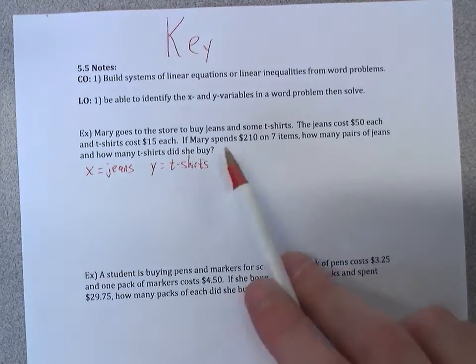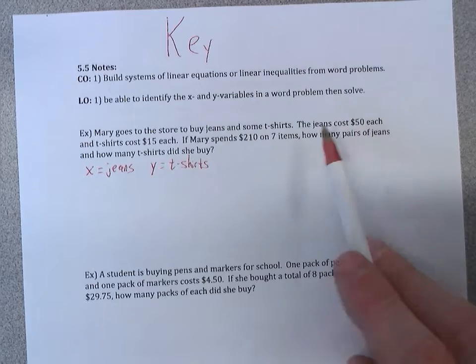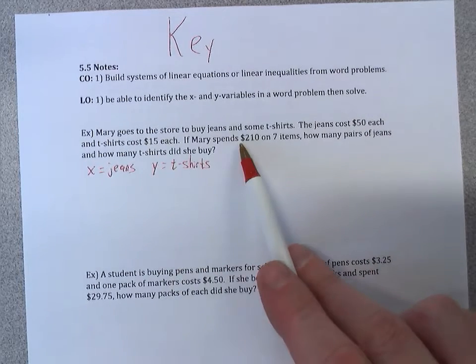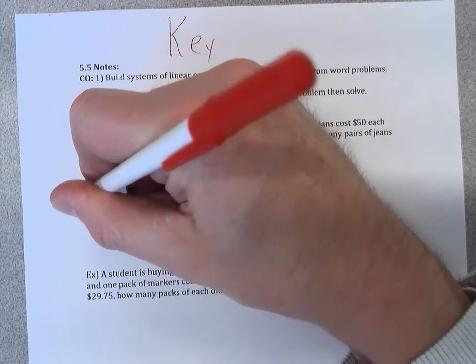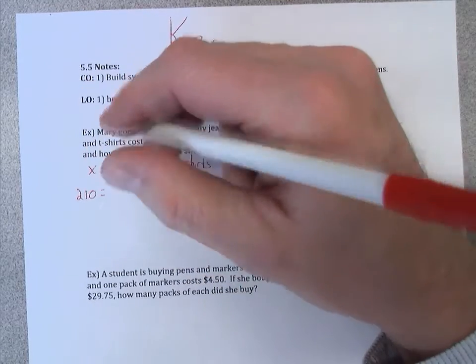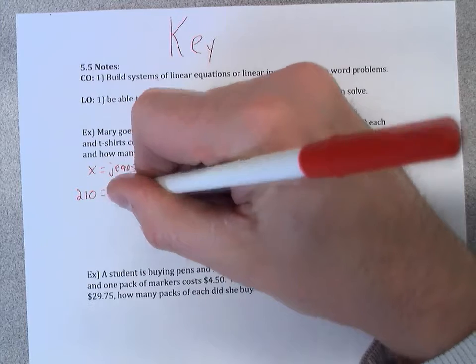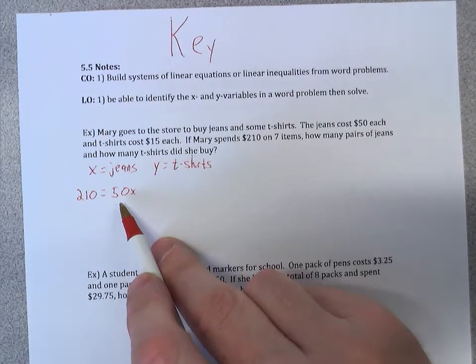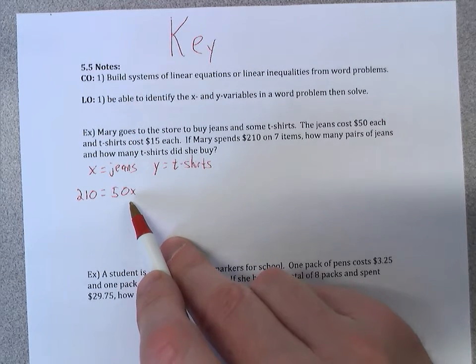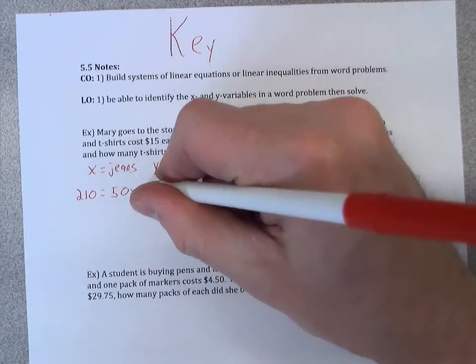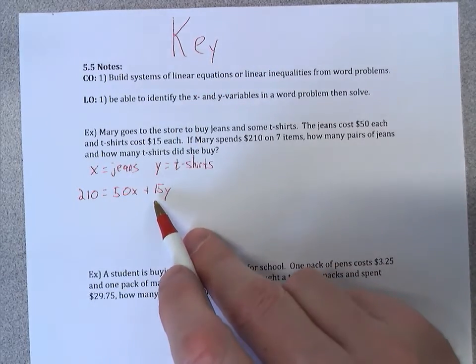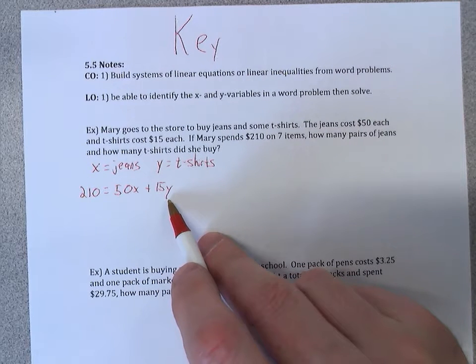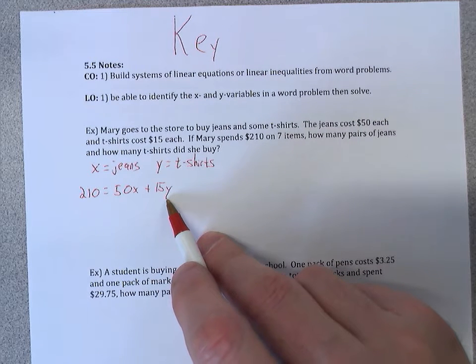And so if we look at this, it says the jeans cost $50 each, t-shirts $15, Mary spends $210. So that means if she spends $210, that's going to be equal to 50x, the cost of a pair of jeans times how many jeans there are, plus 15y. $15 is the cost of a t-shirt, y is the number of t-shirts. But now we also need to know how many of each she bought.